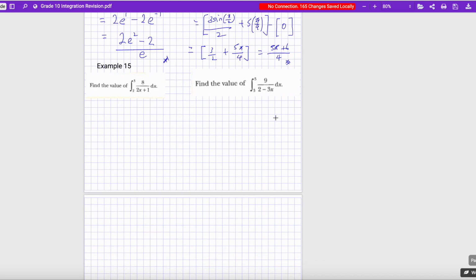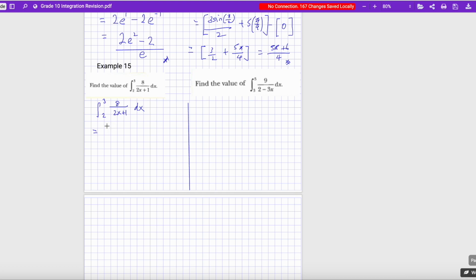All right, let's try the next example. Example 15. We want to work out the integral from 2 to 3 of 8 over 2x plus 1 dx. This we can actually use ln for, right?